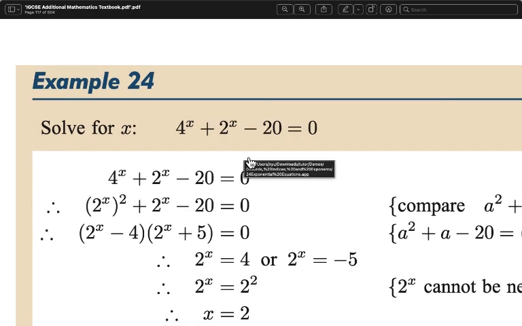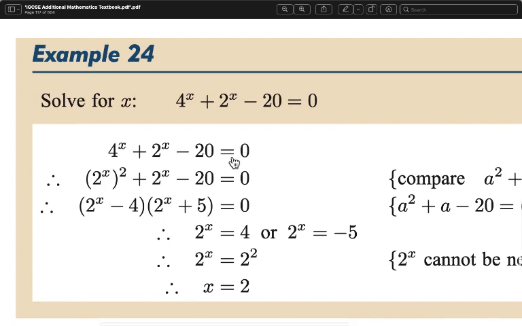4 is 2 squared. So to obtain 4 to the power of x, you square 2 to the power of x.